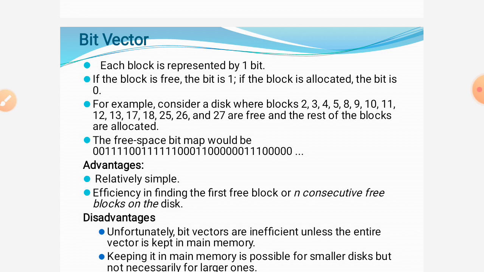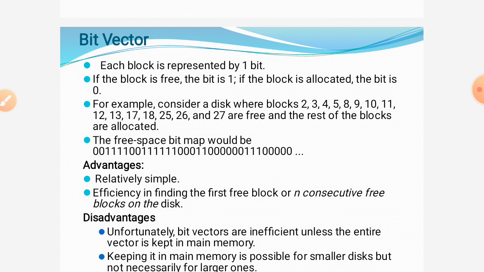So we can consider an example where the blocks 2, 3, 4, 5, 8, 9, 10, 11 up to 27 are free and the rest of the blocks are allocated. So that bitmap will be like this: 0, 0, 1. That means for the 0th position it is 0, that means it is already allocated.